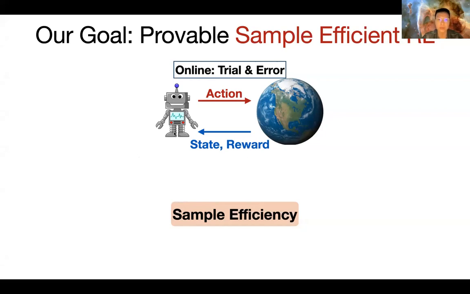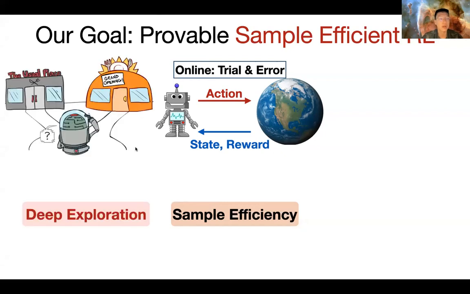In particular, we focus on the online setting where the agent interacts with the environment repeatedly, and learns how to get the optimal decision-making rule, which is called a policy, by iteratively interacting with the environment and learning from its past experiences.